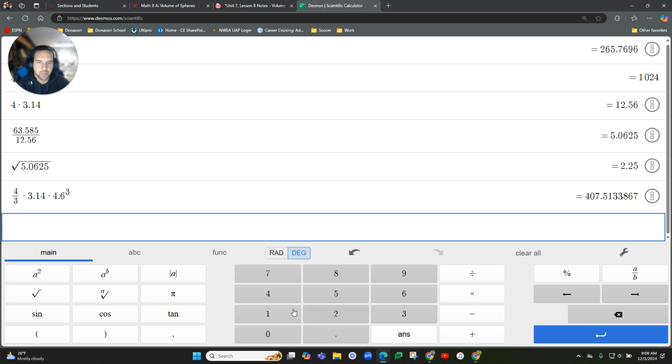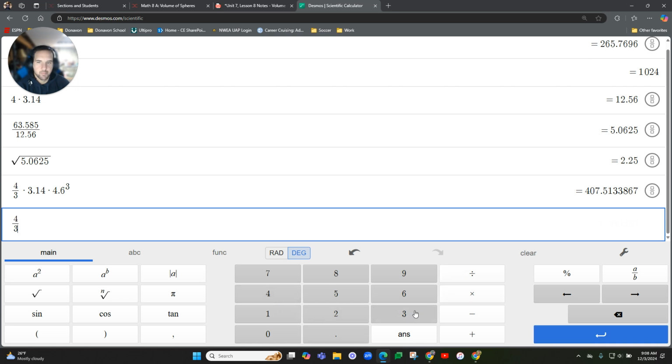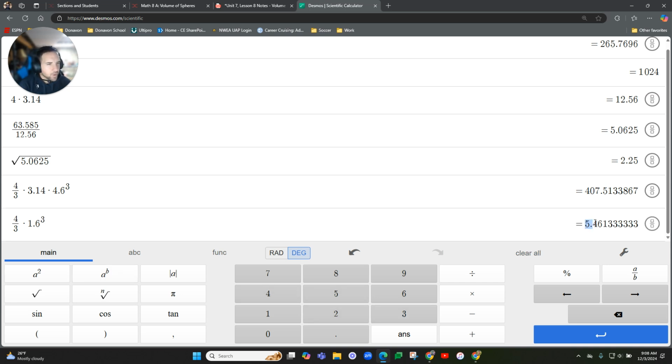So I am going to have to do another formula here. So 4 divided by 3 times, and then 1.6 was the radius of that one. It said round to the nearest hundredth, and then it says leave it in terms of pi.